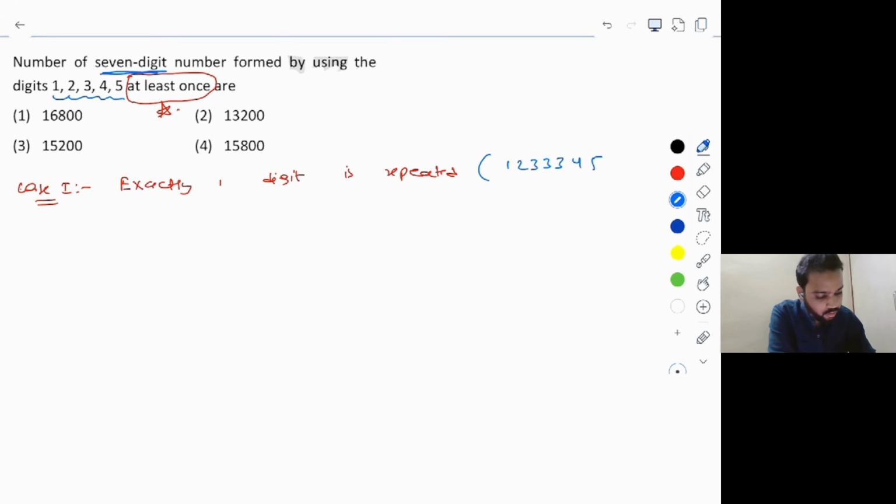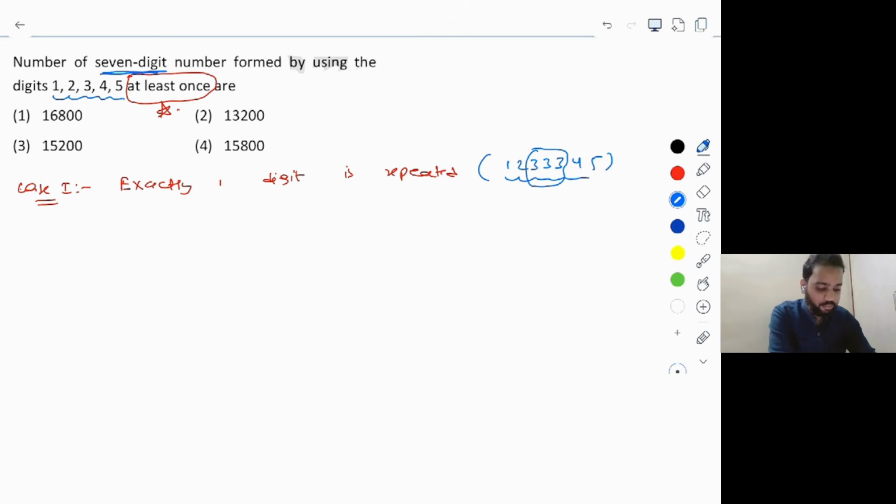So let's count: 1, 2, 3, 4, 5, 6, 7. What is the specialty of this number? It has 7 digits in total, but how many times is the number 3 repeated? It is repeated 3 times, right? So we are going to concentrate on these kinds of numbers here. Exactly one digit is repeated in this example, that is, only 3 is being repeated.